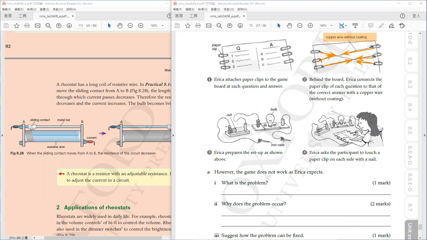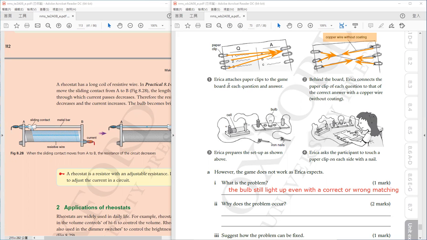So even if there's a wrong matching, the light bulb still lights up. No matter whether it's wrong or correct matching, the bulb always lights up.